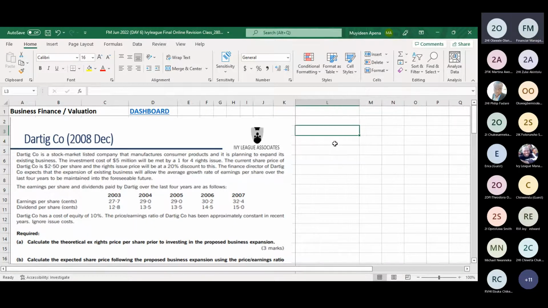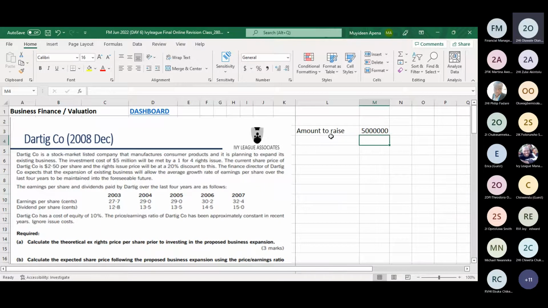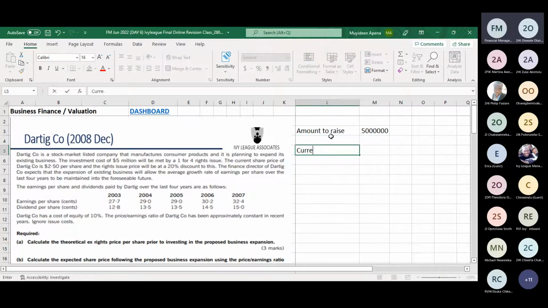So let's start. Amount to raise is $5 million, and this has to go by a 1-for-4, okay? So let's do, what's our current number of shares, and then what's the new, which is the rights.